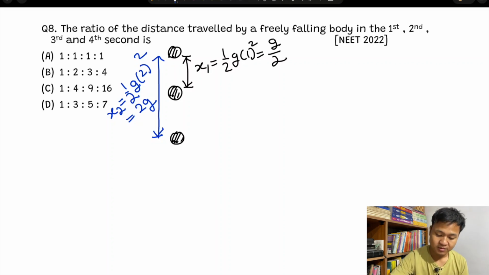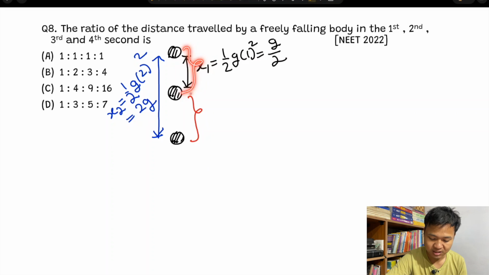The question is asking for the distance in the second second, not in 2 seconds. So the distance traveled in this region is in the second second.